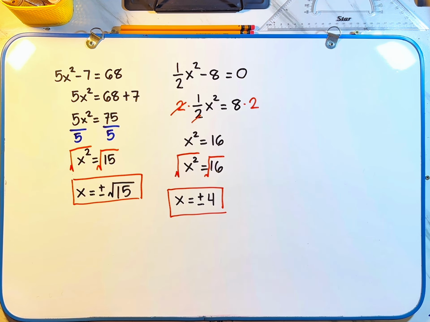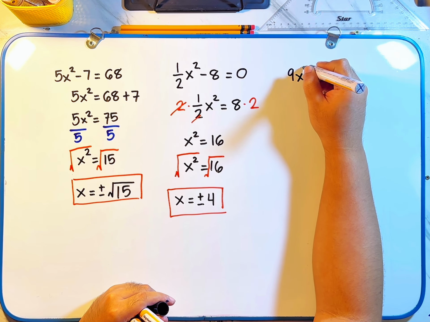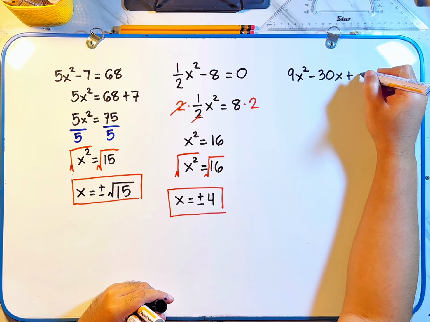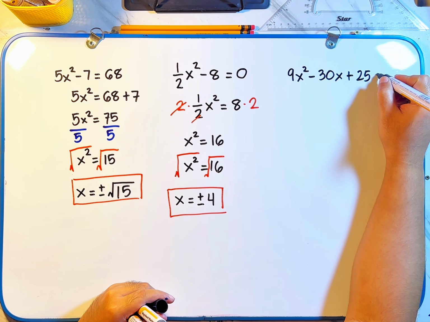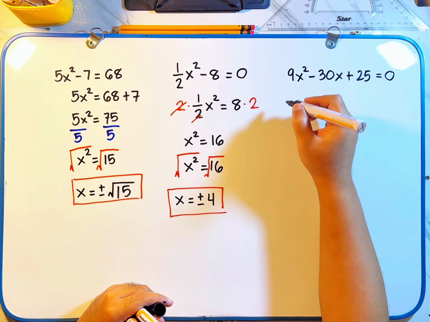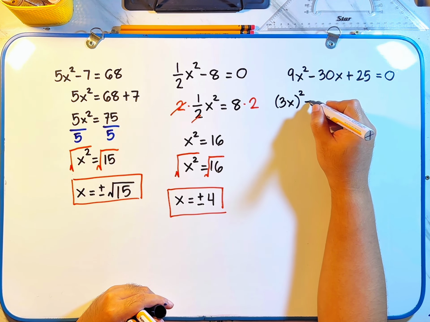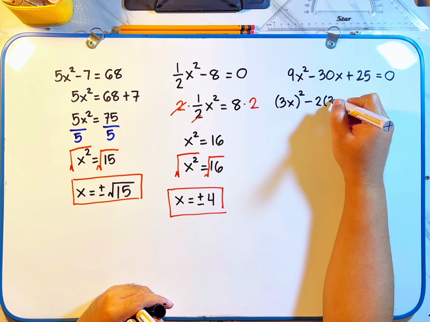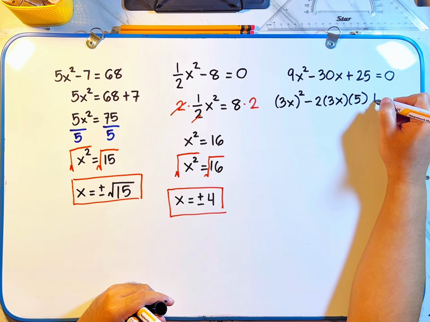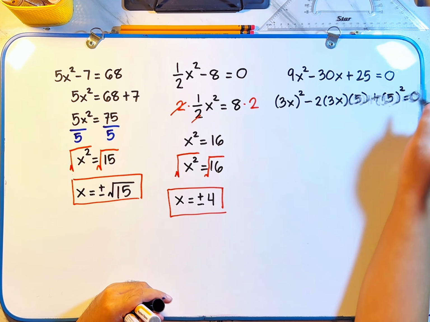Let us try one more. Say we have 9x squared minus 30x plus 25 equals 0. All right, let us rewrite this quadratic trinomial. (3x) squared minus 2 times 3x times 5, and 25 is 5 squared, equals 0.